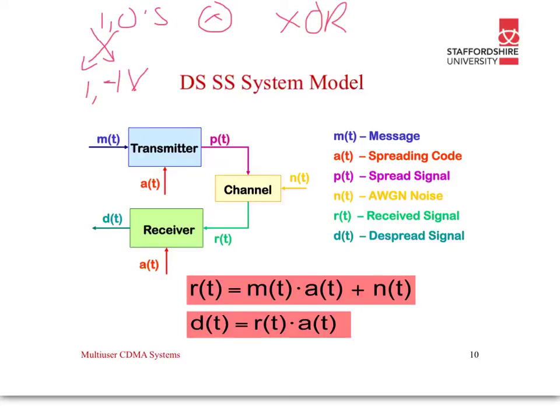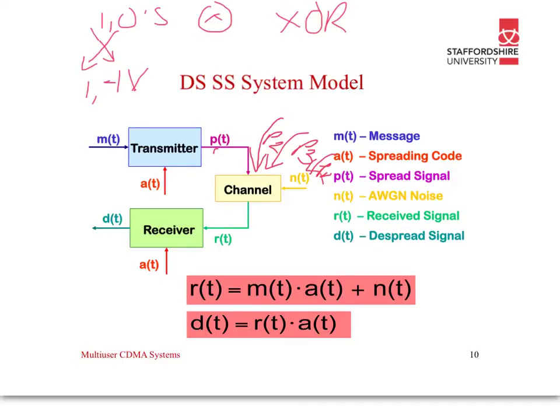If there were other users, then their spread signals, so P2 and say P3, would also be passed to the channel. This would be P1. So the receiver would see our P1 of t, our spread message 1, and the spread signals from the other users up to PK, and also the noise.